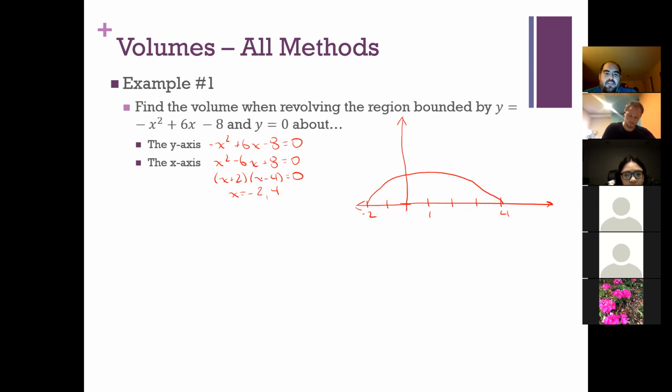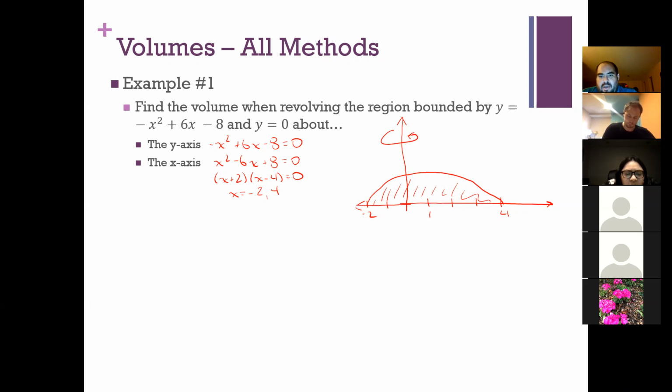So one thing I want to know is, let's focus on the y-axis first. If I'm going to take this region here and revolve it around the y-axis, let's talk about the shell method first.